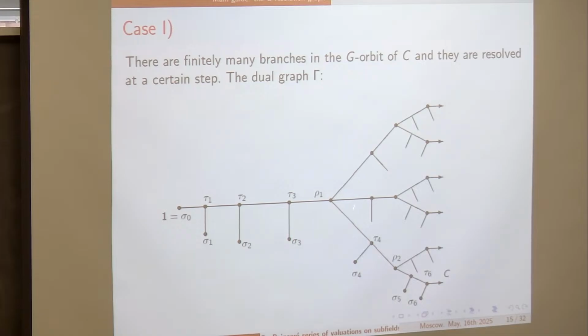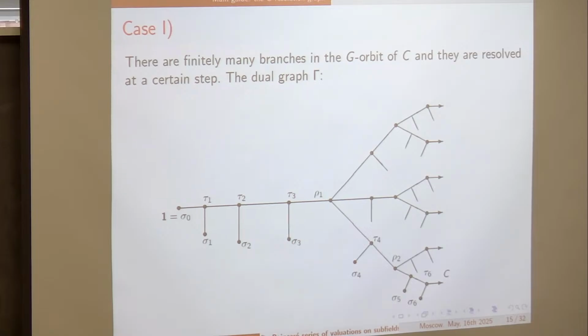Here you have the first rho 1. You have 3 conjugates. For example, imagine you have a parameter which is the cubic root of 2 over the rationals. You have 3 different ones. And here you have other points in which you separate into 2 components. Of course, this part is reproduced exactly in the others because you have the symmetry of the group.